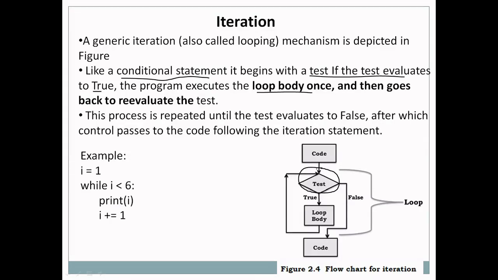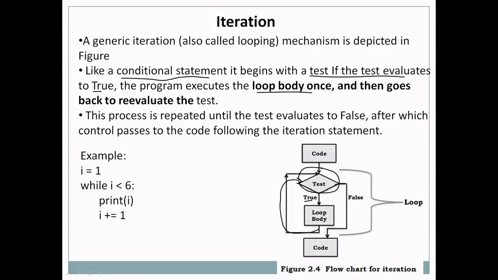If this test condition evaluates to true, the loop body, or some set of statements, is executed and again it goes back to test the condition. And this happens repeatedly. Repeatedly it will execute this loop body until the test condition is false.